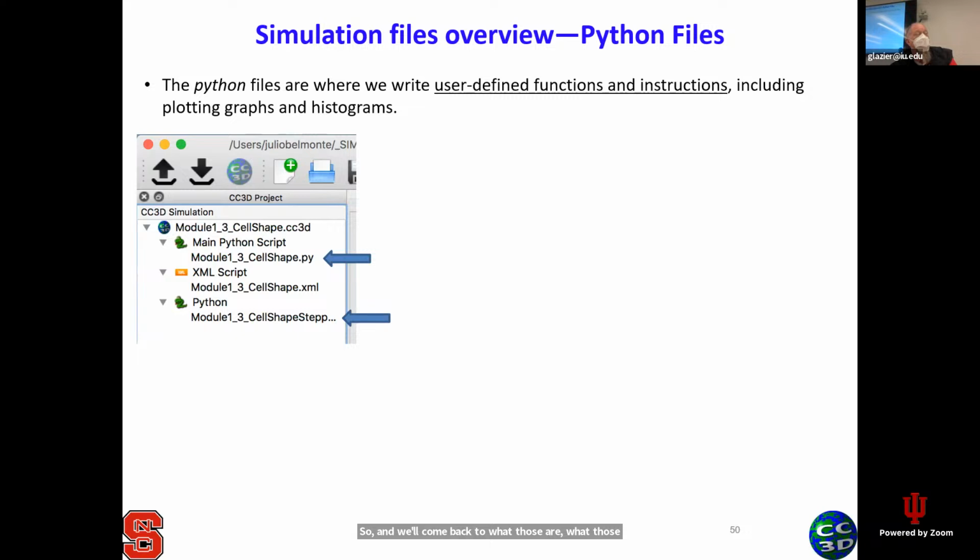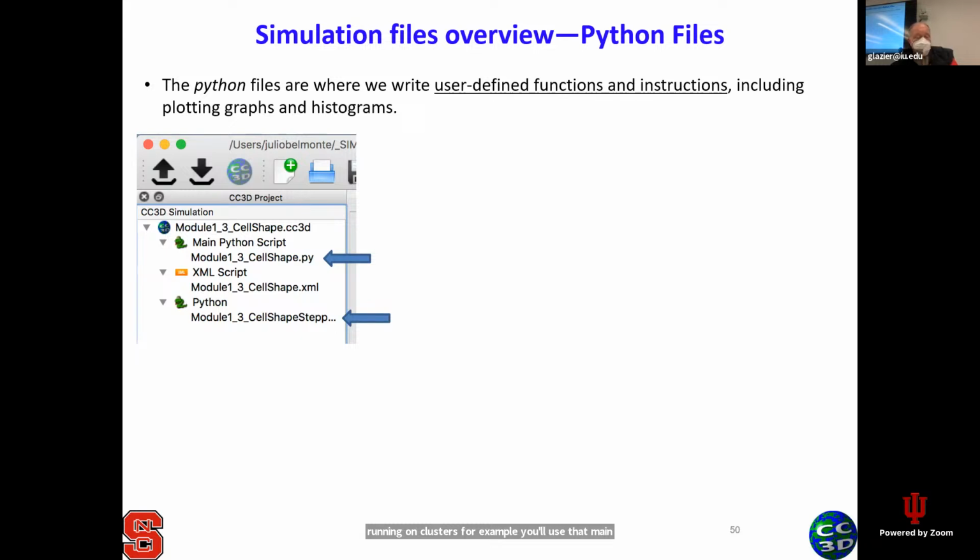We have two Python files, one of which is called the main Python script. And we will not use that very often. When you're doing advanced things like optimization and running on clusters, for example, you'll use that main Python script more.